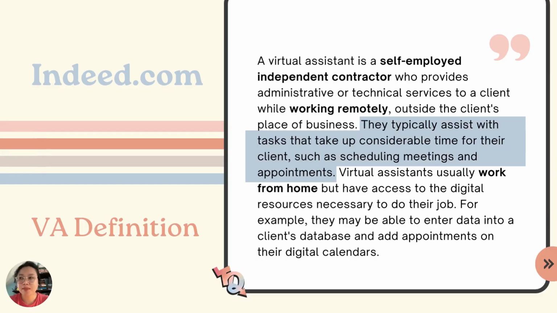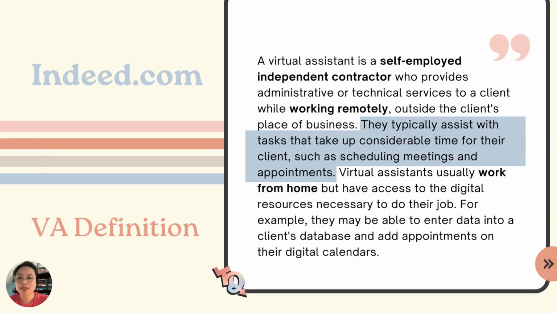So these important but repetitive tasks are still being done by the VA because it's still an important part of the business process. But now the coach or the business owner will have available time to do other important aspects for their company.